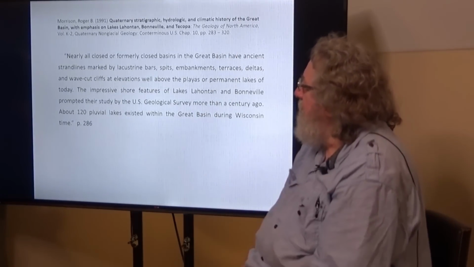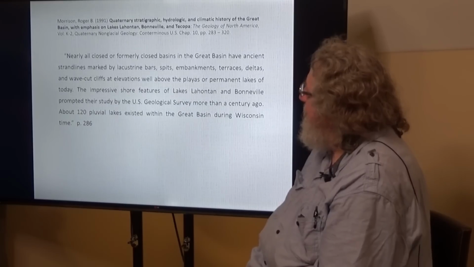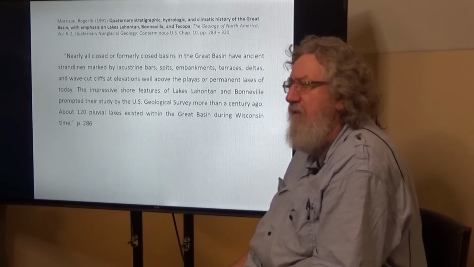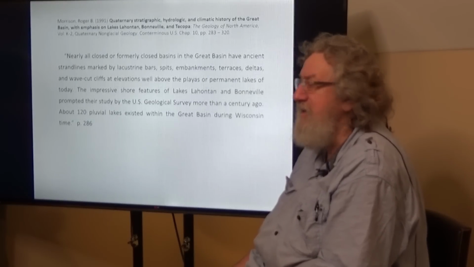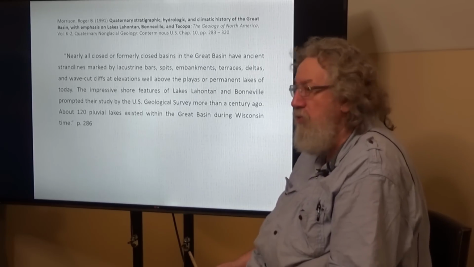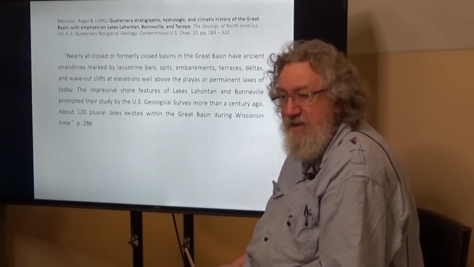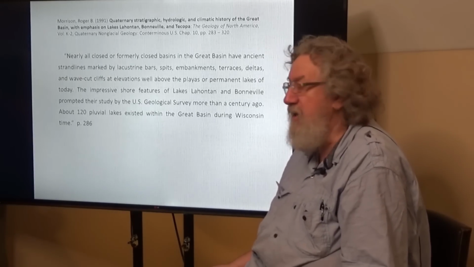This is a study from the early 90s on the Great Basin, and you see Lake Bonneville was not the only huge lake in that basin and range area. In fact, as it says here, nearly all closed or formerly closed basins in the Great Basin have ancient strand lines marked by lacustrine bars.